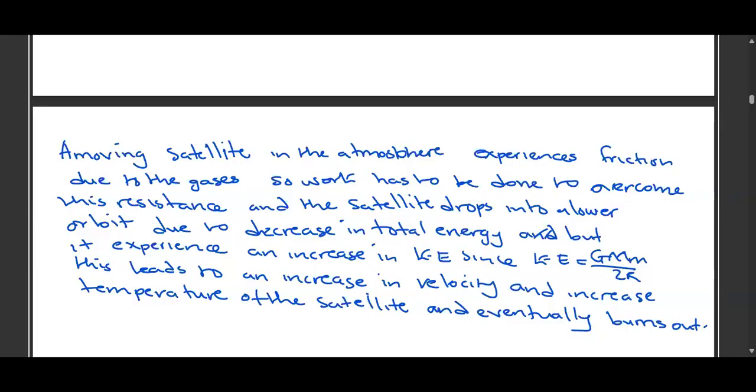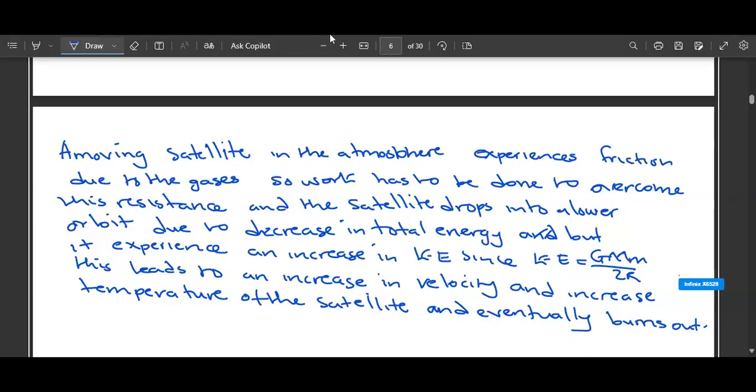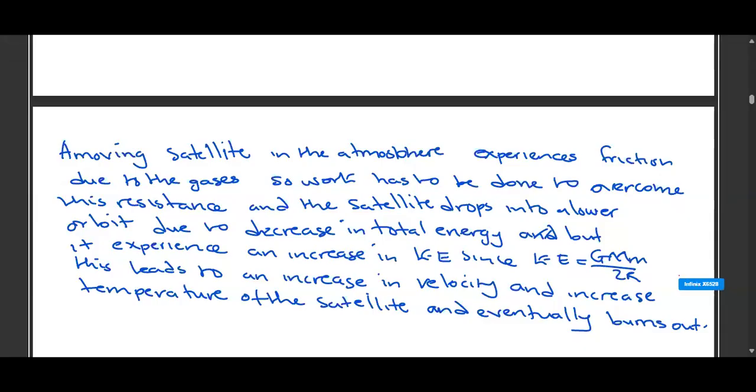And this will eventually lead to an increase in temperature, and then the satellite may end up burning up in the Earth's atmosphere. So whenever there is resistance, it leads to an increase in KE, because it has to drop into a lower orbit in such a case. That is the simple explanation about the effect of air resistance on the motion of the satellite.